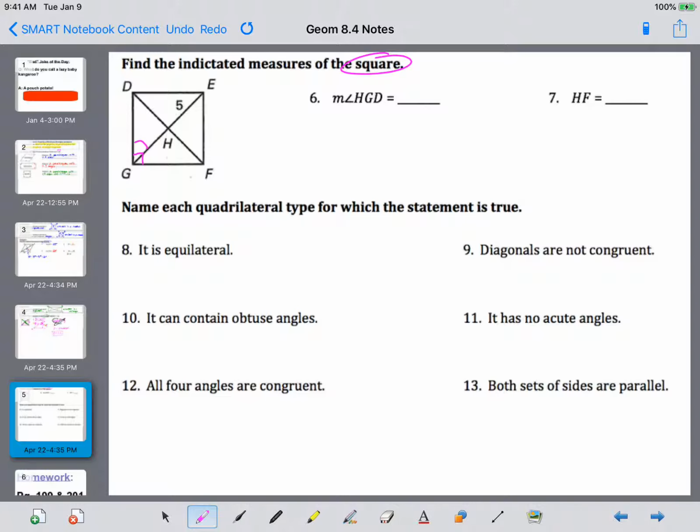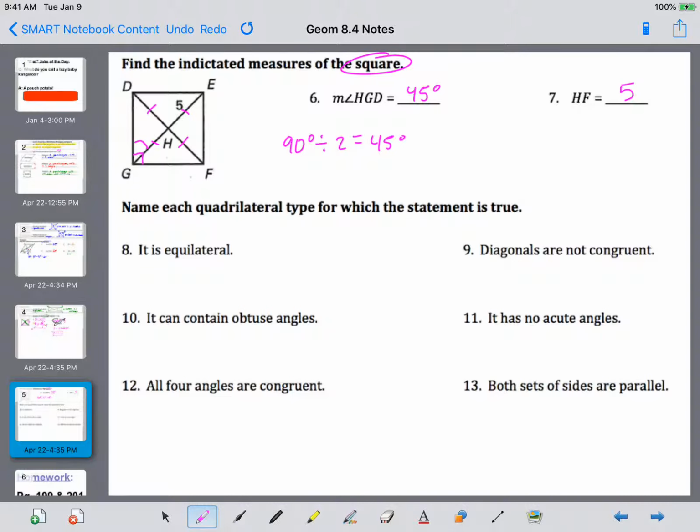And since this is a square, well, a square is also a rhombus, we can just take 90 degrees and cut it into two pieces. And that half there, angle HGD, would have to be 45 degrees. All right, and to find HF, well, if this is a square, this is 5, this is 5, this is 5, this is 5, so HF is 5.